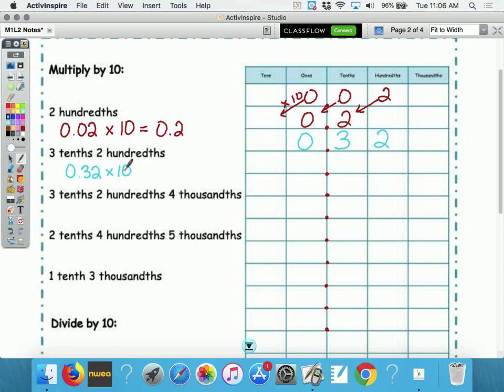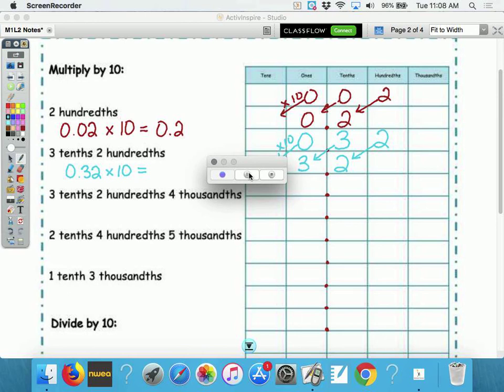Okay. Times 10. So same thing again. One place value to the left. Do I need that 0 in front of it? No. No. If you're 10 years old, we don't write 0, 10, do we?